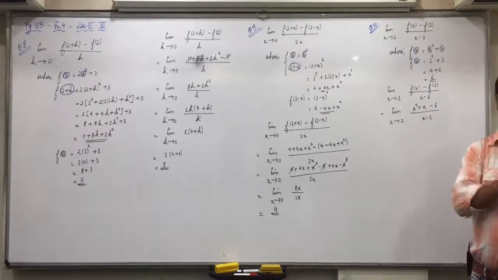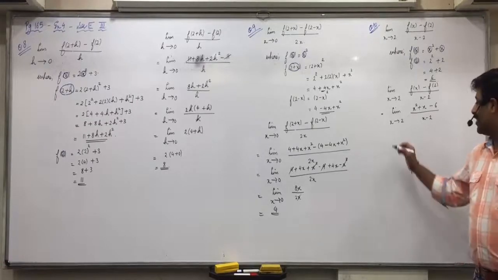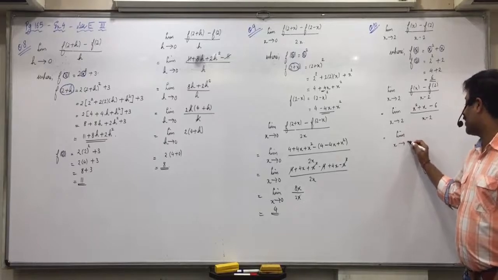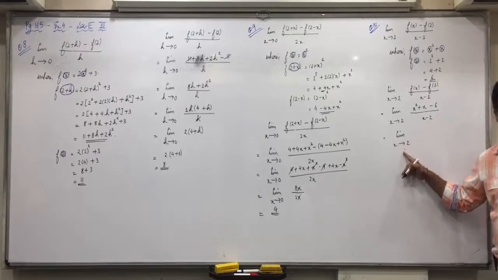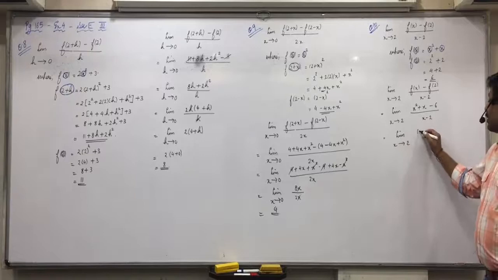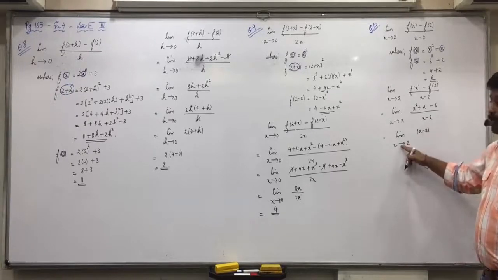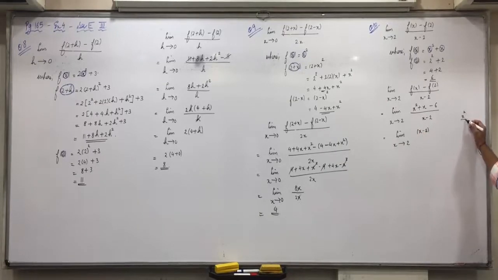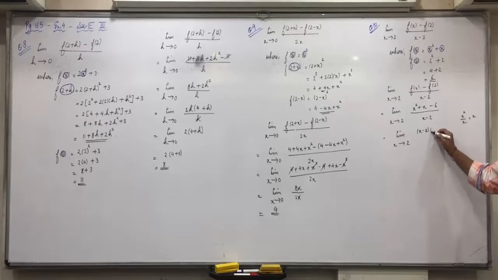Now we will do factorization. Limit x tends to 2. X tends to 2, so one of the factors will be x minus 2. First term divided by first term: x² divided by x, x.